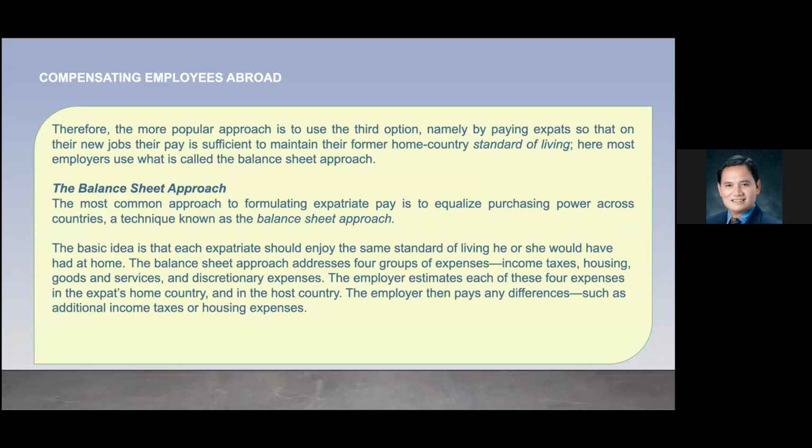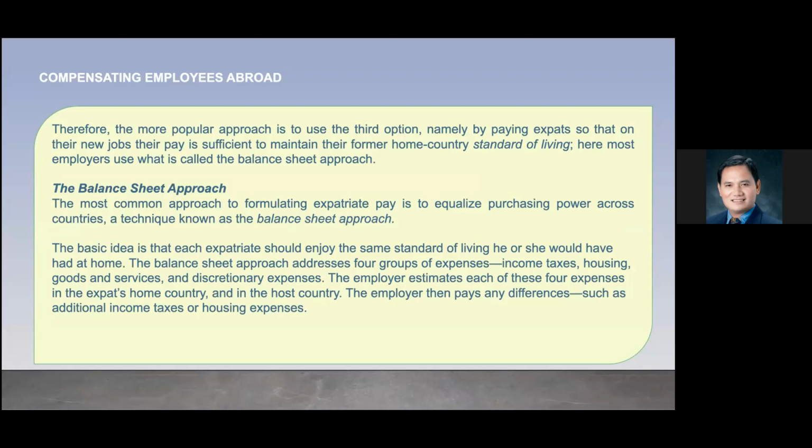The basic idea is that each expatriate should enjoy the same standard of living he or she would have had at home. The balance sheet approach addresses four groups of expenses: income taxes, housing, goods and services, and discretionary expenses for child support, payments, and the like.